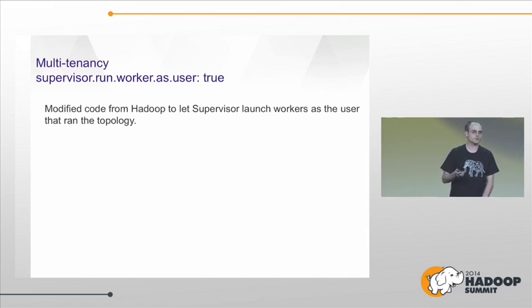So like all good open source engineers, we stole it. We took the Hadoop code that does this, we modified it slightly, and now Storm also can run as the user that launched it by setting that config. As an end user of Storm, you probably don't need to worry about that because it's abstracted away from you. But if you're running the cluster itself, there's just one config you'd have to set to have this functionality now.